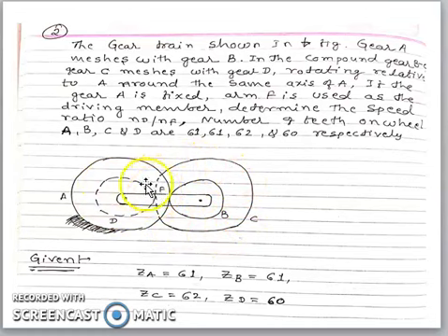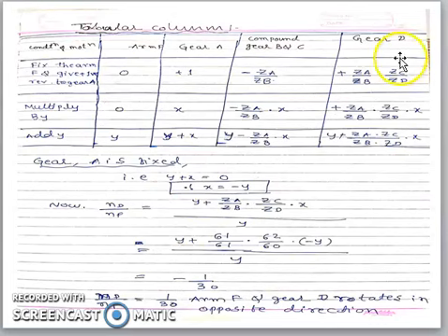When gear C rotates, gear D will rotate. So our aim is to rotate gear D, so that is ZA by ZB into ZC by ZD, because I want to calculate the speed of gear D.